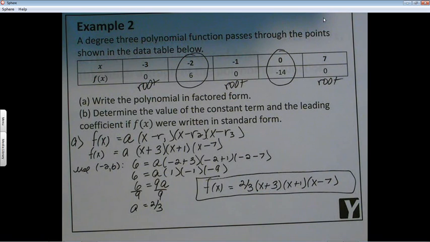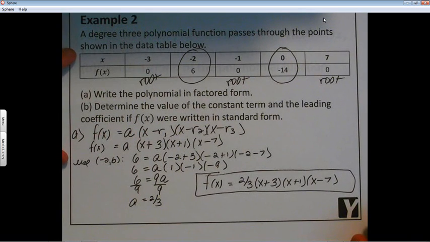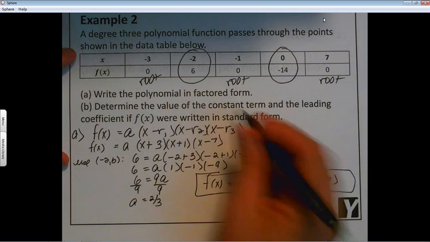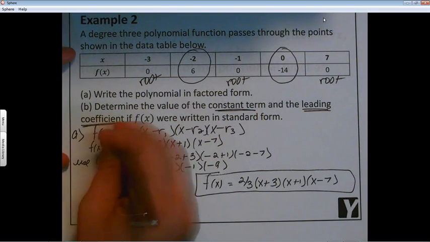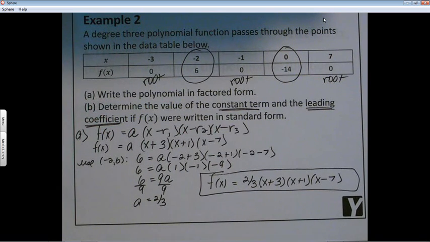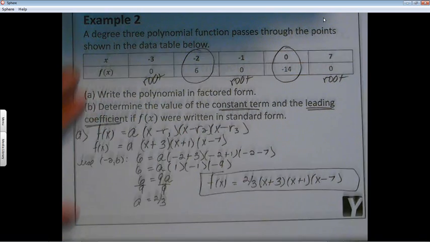If we divide both sides by 9, we're going to get that a equals 2/3. So our final answer will be that f of x equals 2/3 times x plus 3 times x plus 1 times x minus 7. That would be our original polynomial written in factored form.